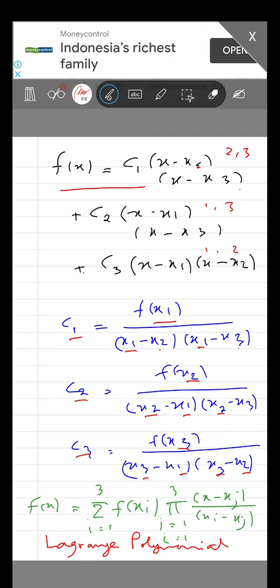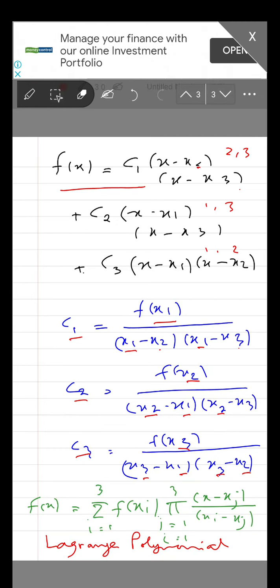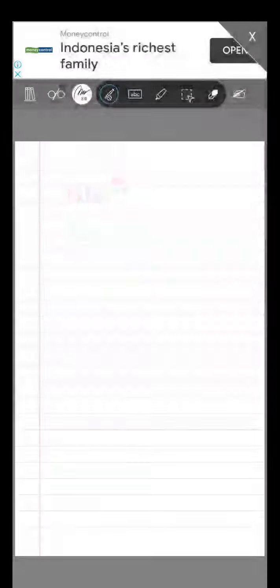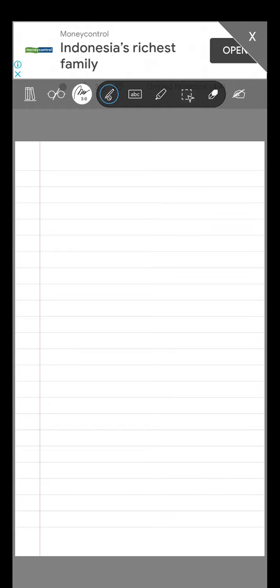So let us see an example of this polynomial. Now we have been given a table of x versus f(x).